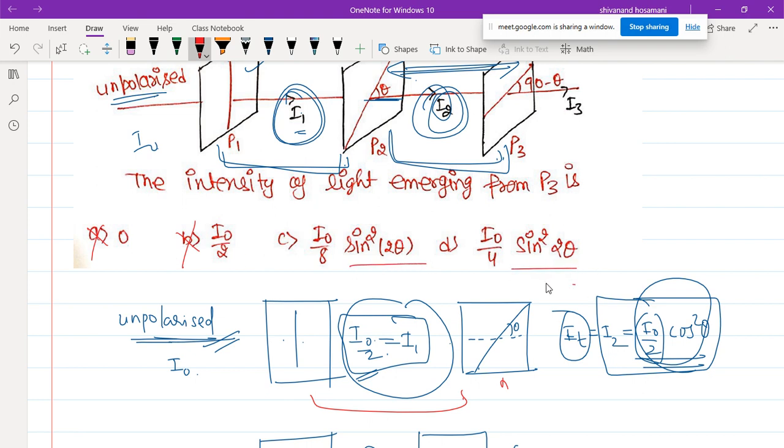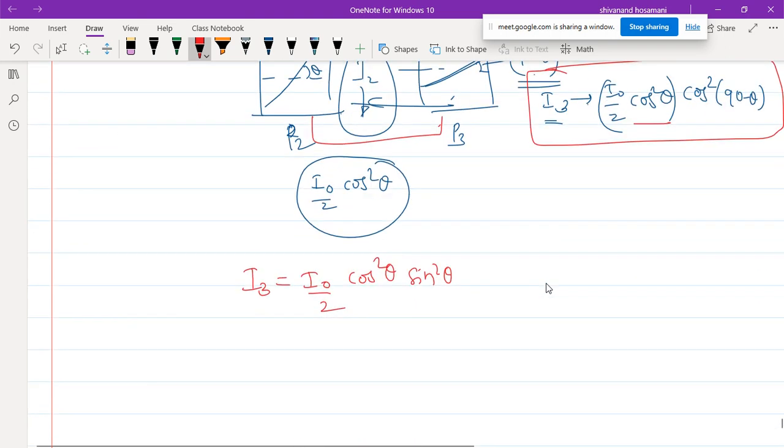See this, we can write that 2 times cos theta into sin theta is equal to sin 2 theta. Divide by 2 on this side, so cos theta into sin theta is sin 2 theta by 2.